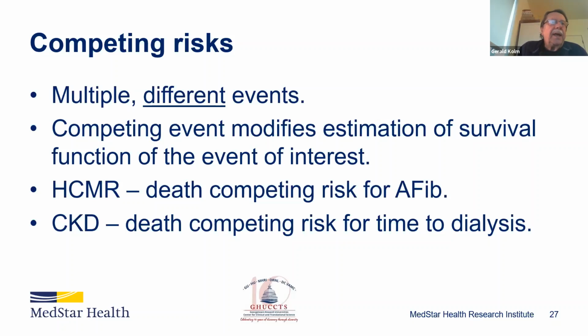If we were looking at, in chronic kidney disease, time to dialysis, then death would also be a competing risk. And that's the concept here, is that the competing risk, patients are not in the study anymore, but so that's going to affect the survival function or the hazard function of your event of interest.